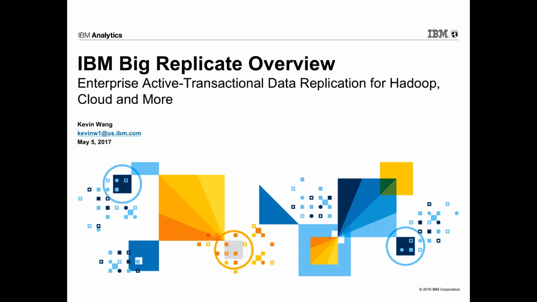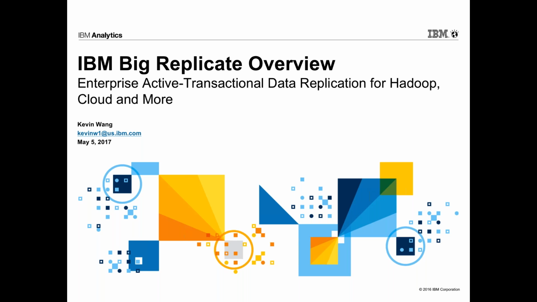Thank you. My name is Kevin, and good morning, good evening, wherever you are. Today, I'll be talking to you about IBM Big Replicate. What is it, what kind of problem does it solve, and what are the benefits and features that make this offering from IBM so exciting.